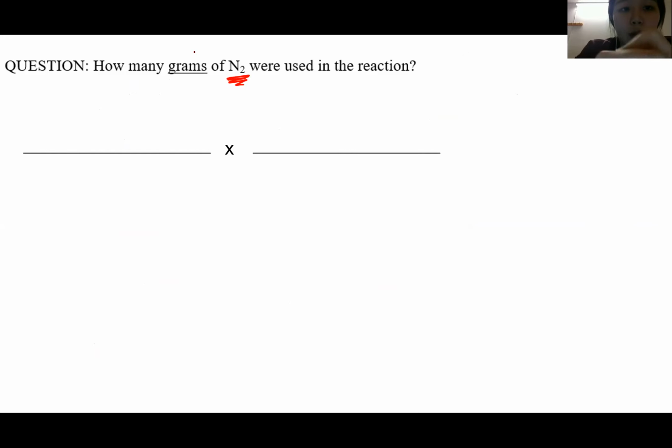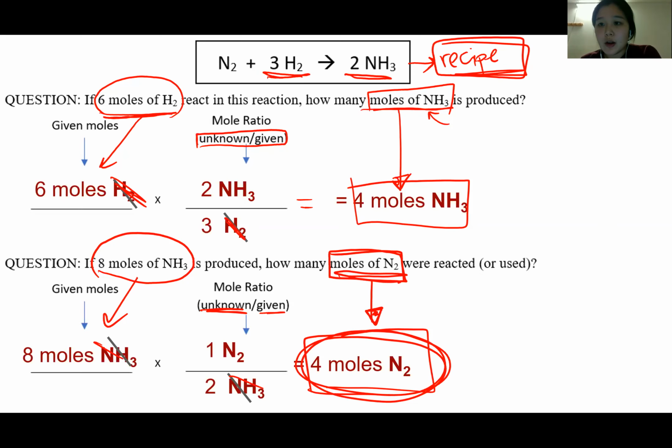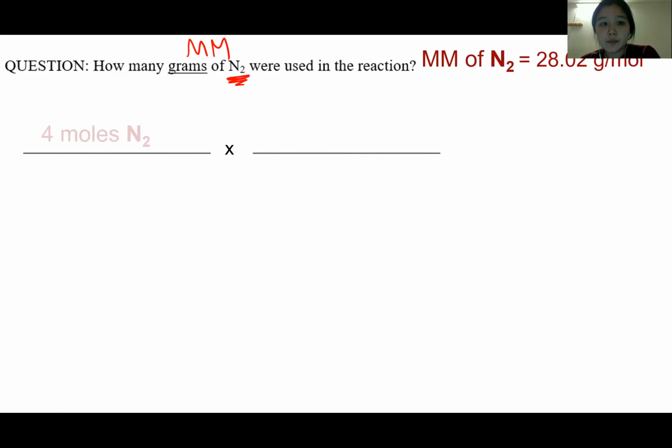But whenever you see the word grams, we have to think molar mass, right? We need to solve for the molar mass of N2, which is 28.02 grams per mole, okay? So I'm going to use the moles that we figured out in the previous question. So that's the given from our previous question, and we're solving for grams.